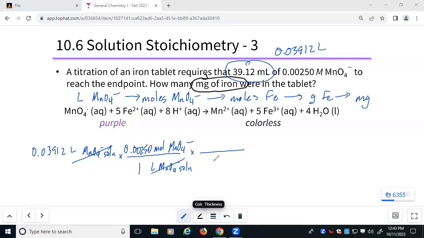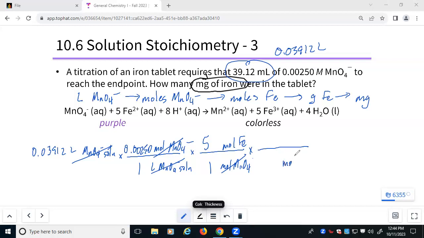Second step, I need to turn the moles into moles of iron. So moles of permanganate into moles of iron. That ratio here is 1 permanganate to every 5 of iron. So my moles cancel.